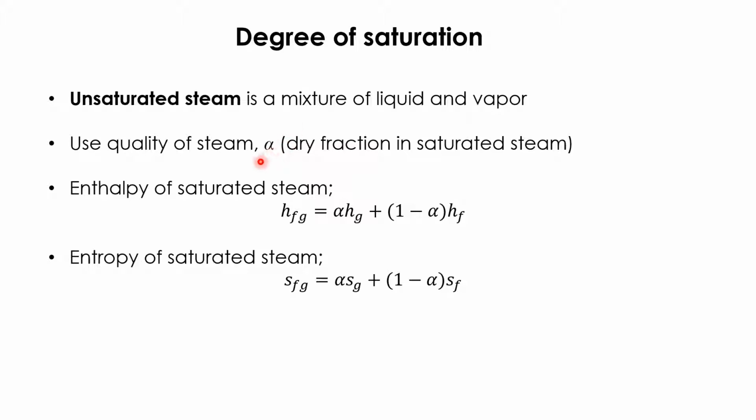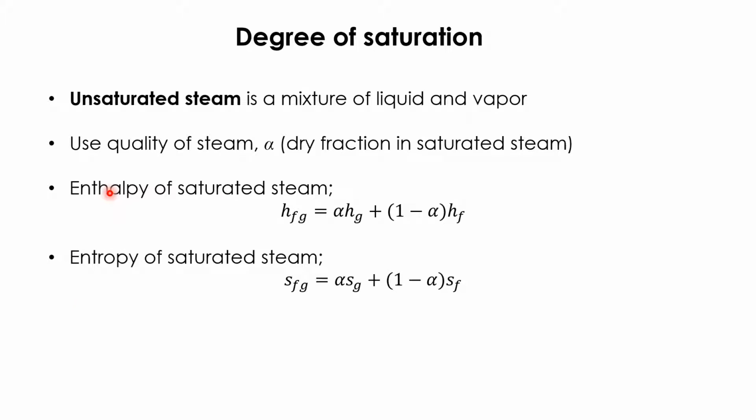So here alpha is defined as the dry fraction in saturated steam. When you have a stream with alpha equal to 1, it basically means you have no liquid water in the stream. So when we have unsaturated steam, we have to take into account the alpha factor in calculating the enthalpy.